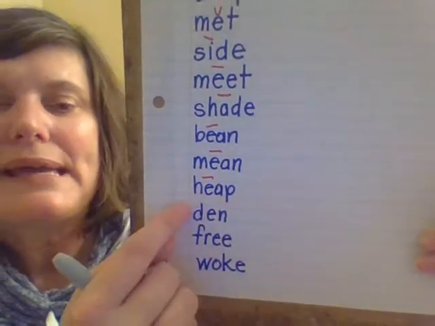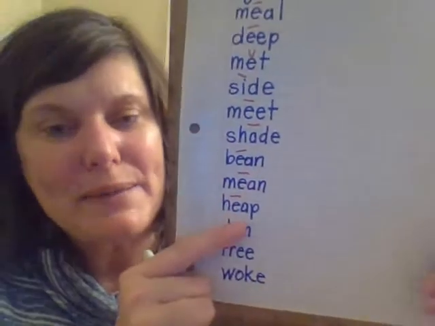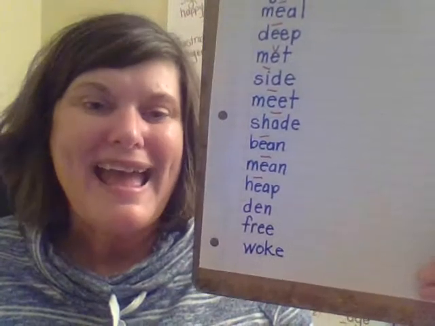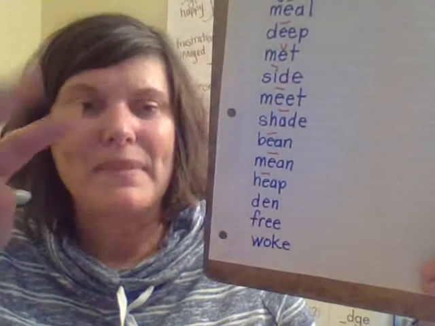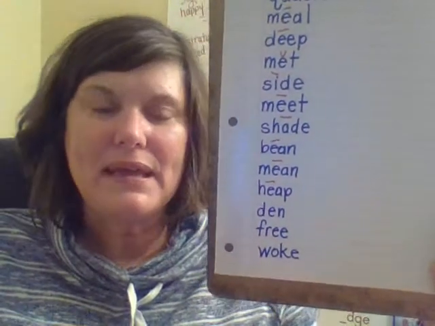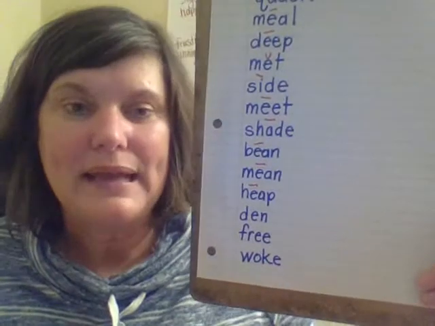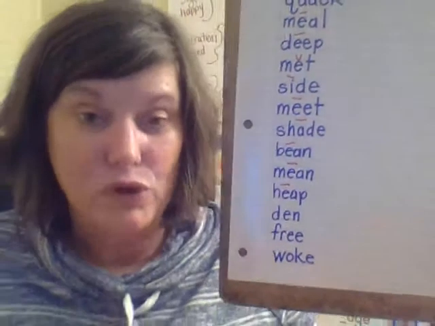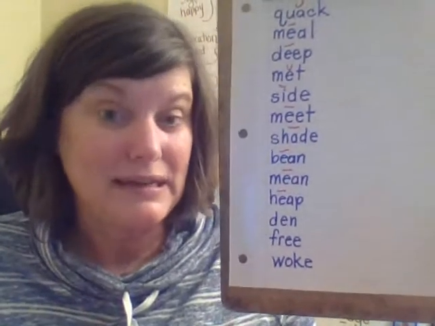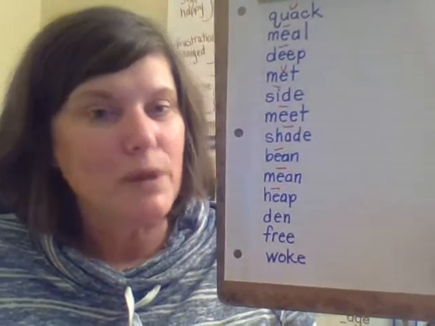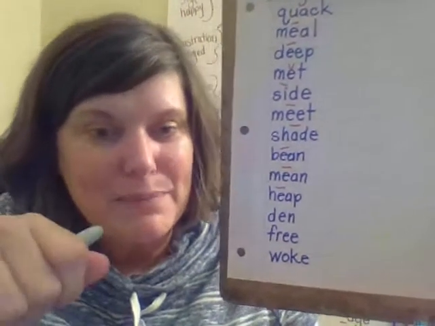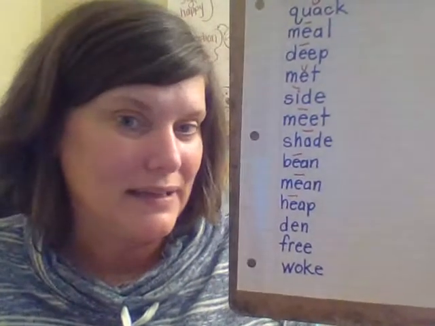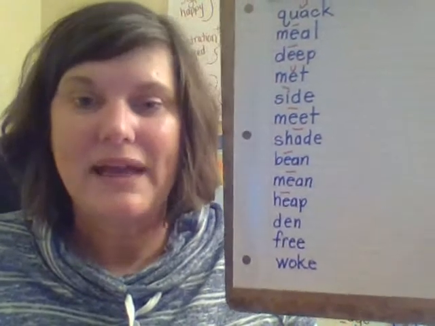Heap. Now, heap might be a new word for you. A heap is a pile of something. Usually it's overflowing. Like I have a heap of laundry that when I'm done with this lesson, I need to go fold. Or if you're baking, you might have a heaping teaspoon of vanilla. I love vanilla extract.